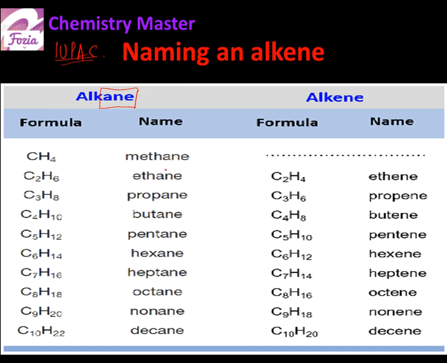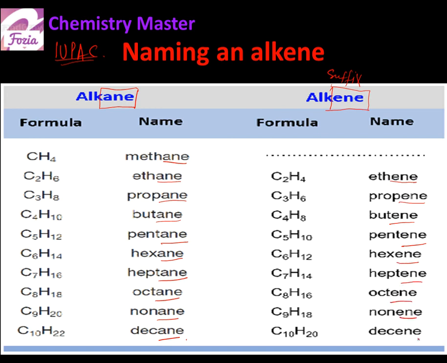And you can see that all of the alkanes end at ANE. So this is their naming rule. Similarly, the alkenes are assigned to write their names with a common suffix that is ENE. And you can see that all of the alkenes end their name at ENE.